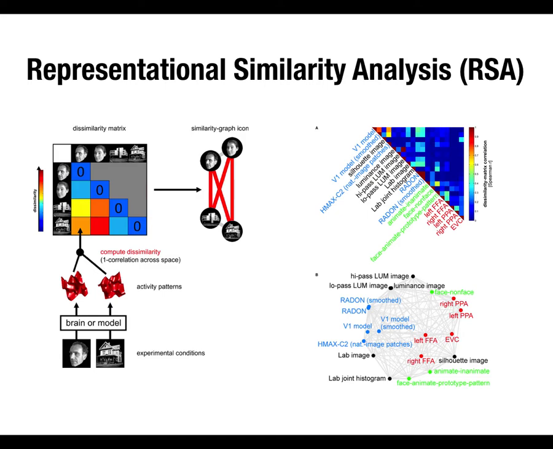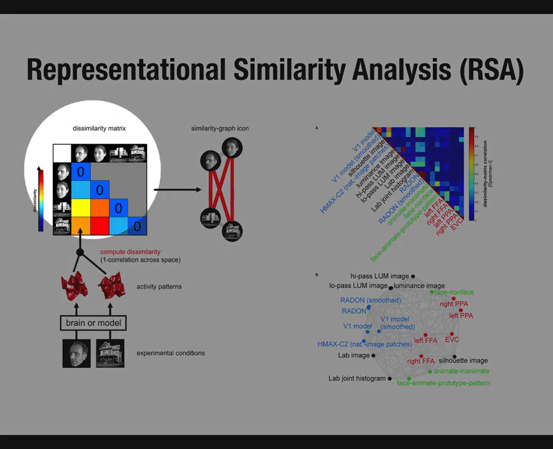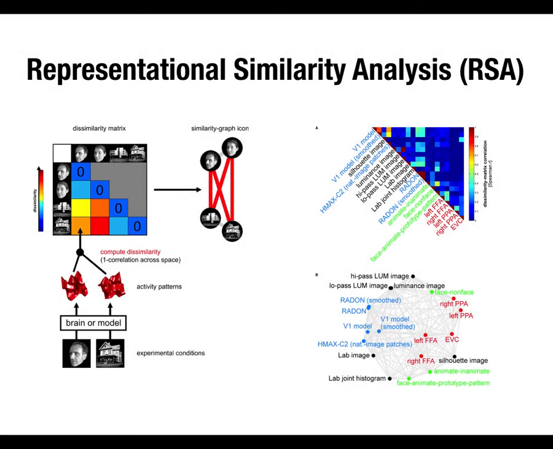So we treat each stimulus as its own condition, and compute what they call dissimilarity matrices. For simplicity, we'll call them similarity matrices. You can compute how similar each pair of stimuli is on some particular property, like luminance or brightness, and come up with a correlation matrix.